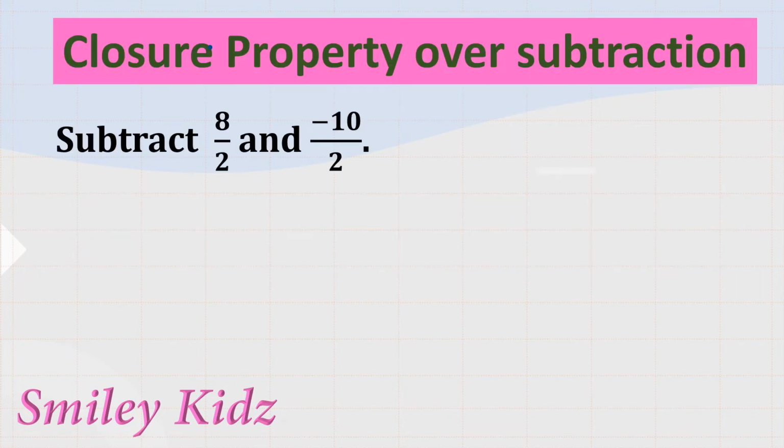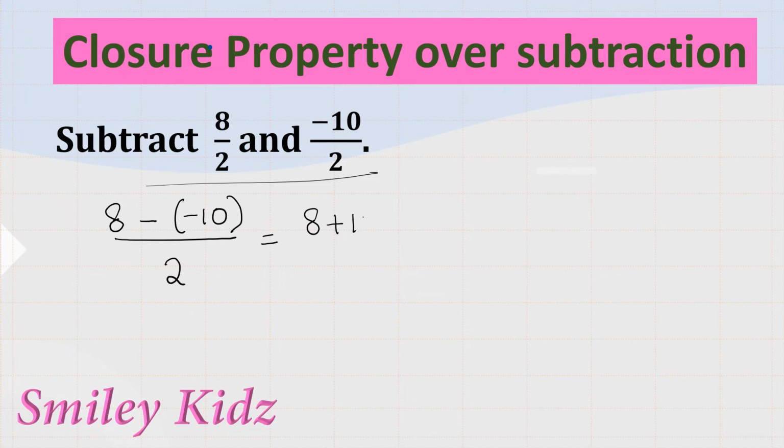Closure property over subtraction. Here is an example. Subtract 8 by 2 and minus 10 by 2. 8 minus of minus 10 by 2 is equal to 8 plus 10 by 2, which is 18 by 2.